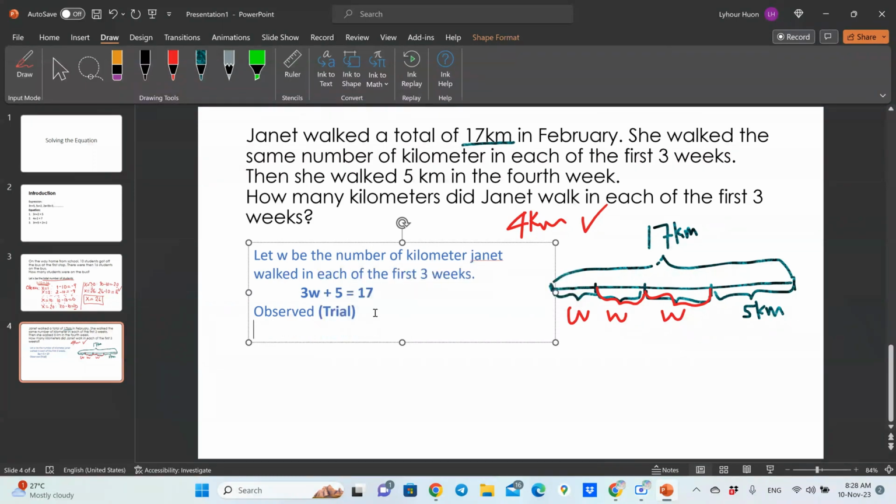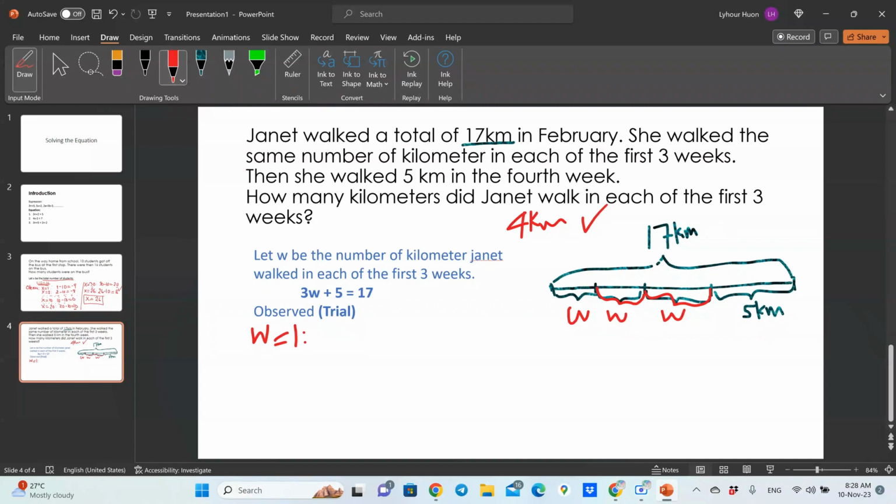Trial, meaning that we put random numbers on the variables, then solve these equations. So, for example, now we let w equal to 1.